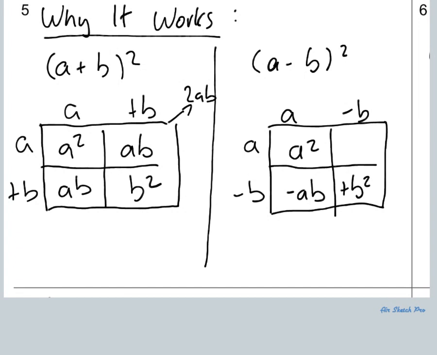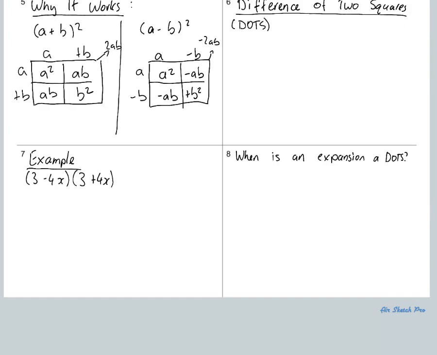And negative B times A is negative AB. And what I'm doing again is collecting two terms that are the same sign. So I've got minus AB minus another AB. So that gives us minus 2AB. So you can see that with either expansion, I end up with 2 of the ABs. And the negative just comes from this idea here. So that's all I'm going to say on it.